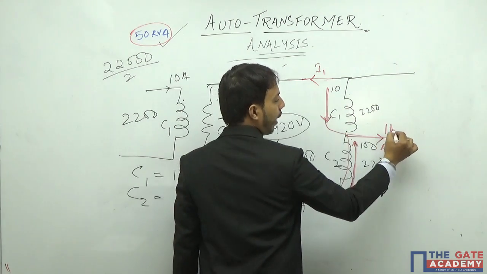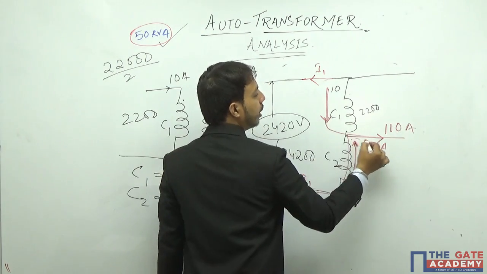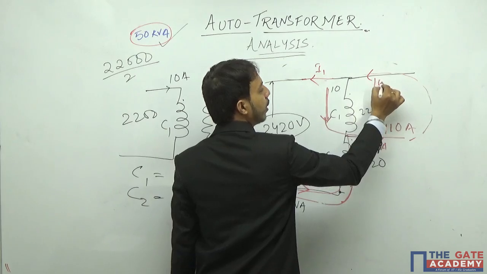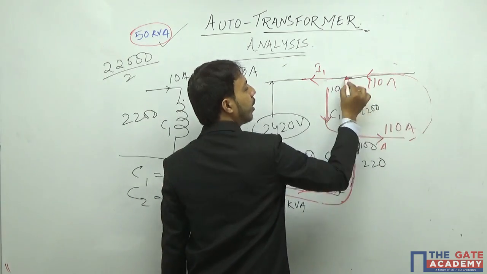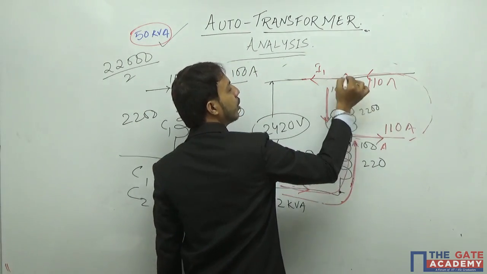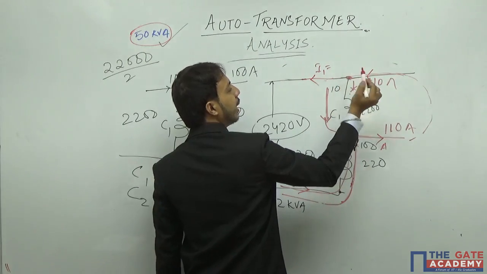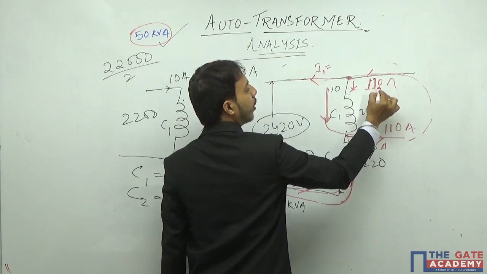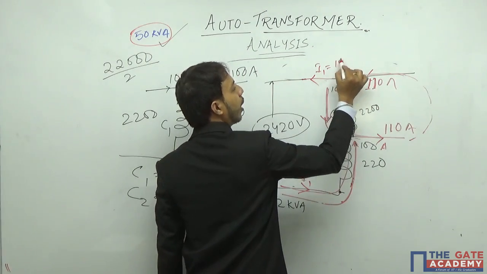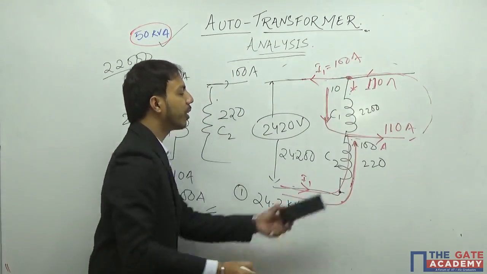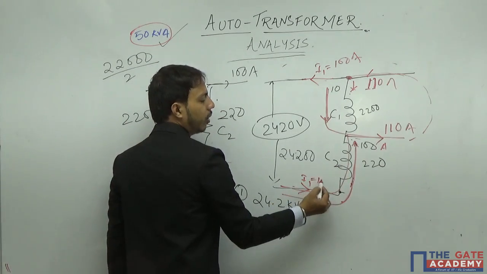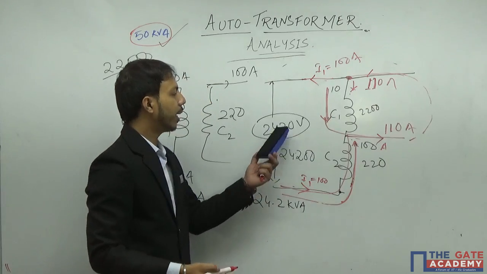So 110 ampere is going out here in this way. So 110 is coming here, 10 is going here. So I1 from KCL at this point, 110 minus 10 will be 100. Or directly you can say that here, if 100 ampere is coming, this is my I1, which is 100 amps. So I can directly multiply.